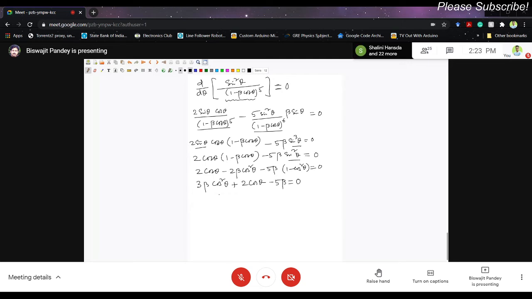This is a quadratic equation in cos θ, and you can easily write down the solution of it. So cos θ should be (−b ± √(b² − 4ac)) / 2a. What are a, b and c?